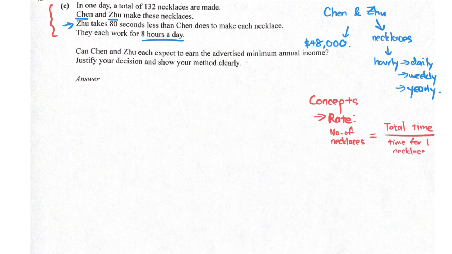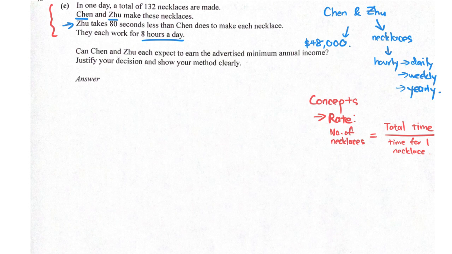Between Chen and Zhu, they have a different rate, and from here we can know the number of necklaces they make. And the thing that binds everything together is that this is a word problem in which we need to solve an equation. There are a lot of unknowns floating around.